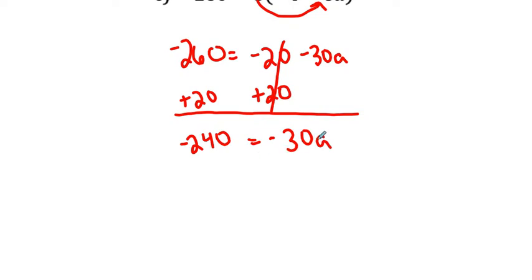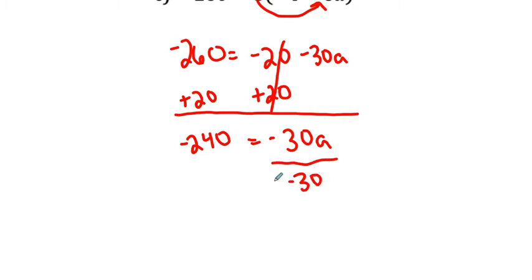The last thing is to get rid of this negative 30. Some people are saying to themselves right now, all right, I got to add 30, right? Because it's a negative 30, I got to add 30. But that is not correct, because negative 30 is being multiplied by a, so we need to divide. Remember, it's always how is it related to the variable. This is being multiplied. Opposite of multiplication is, you guessed it, division.